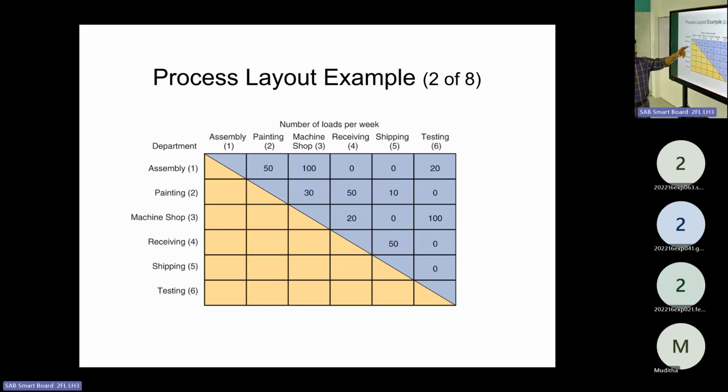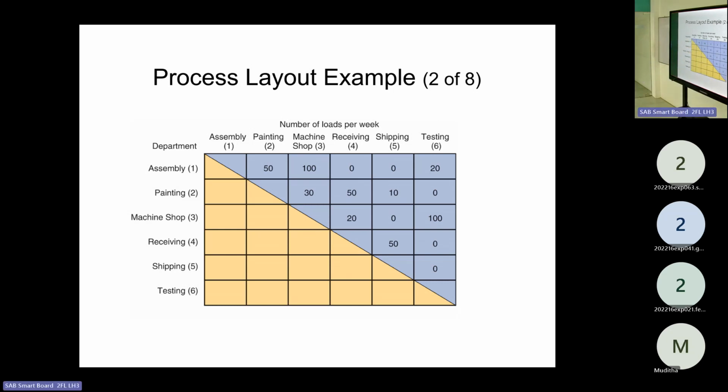So these are the 6 departments: assembly, painting, machine shop, receiving, shipping, and testing. This 50 refers to transactions between 1 to 2 and 2 to 1 together, two sides.